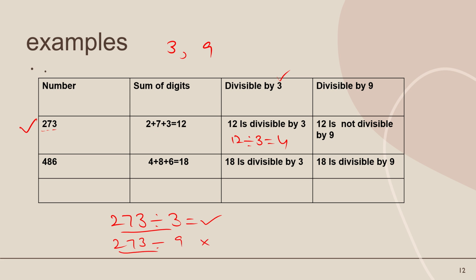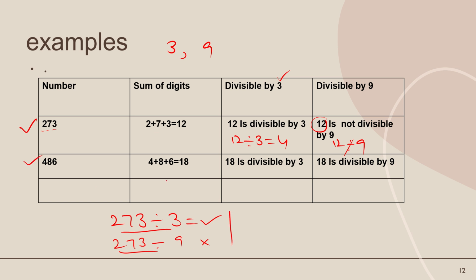So if the sum is completely divisible by 3, then the number is divisible by 3. Now check: 12 is not divisible by 9 completely, so 273 is not divisible by 9.